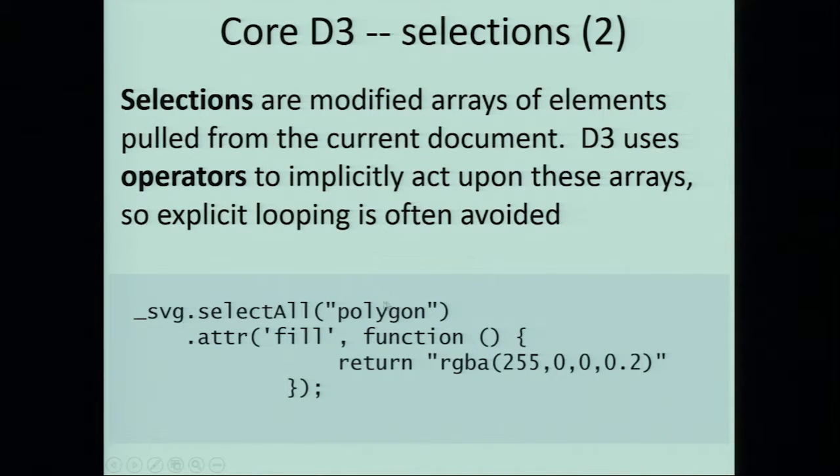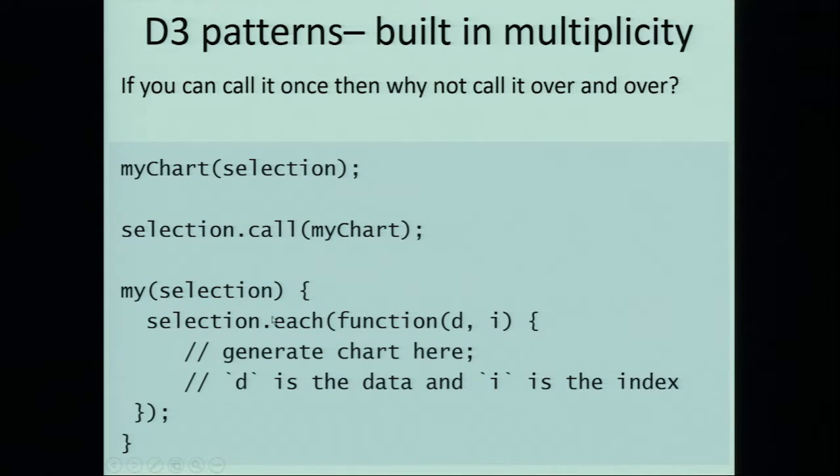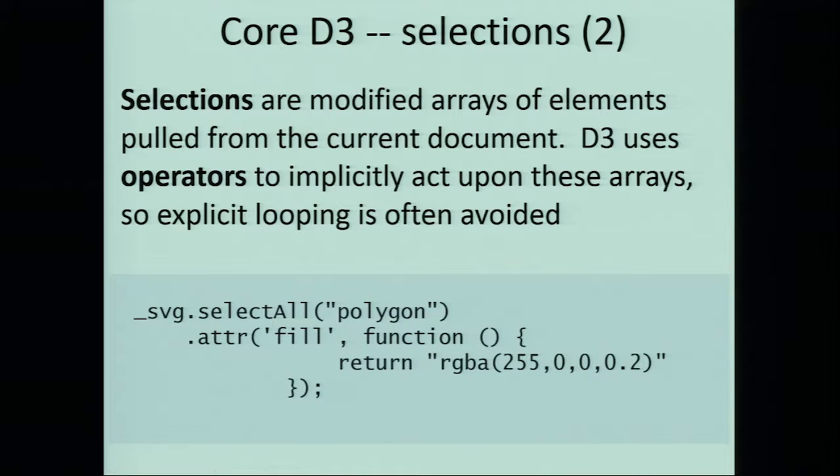So if I do a select all and it comes back with a bunch of polygons, I say, I'm going to change the fill on every one of those polygons. Then it will loop internally through and apply this function to every one of these polygons. Now, this is done just for illustrative purposes.